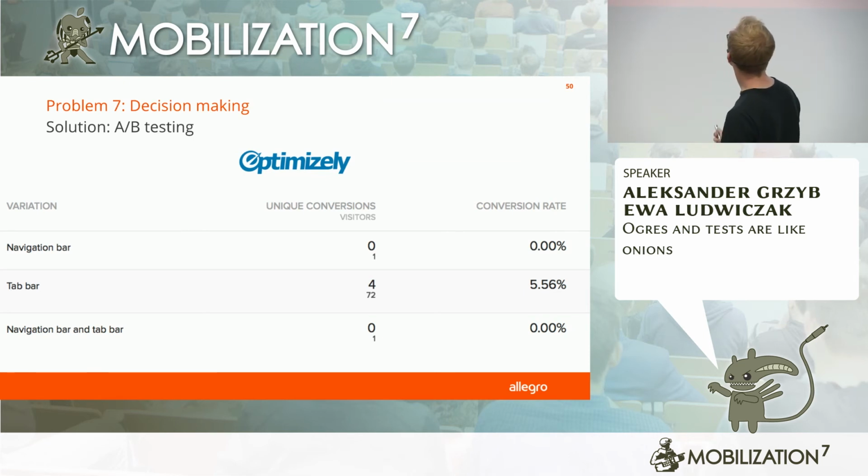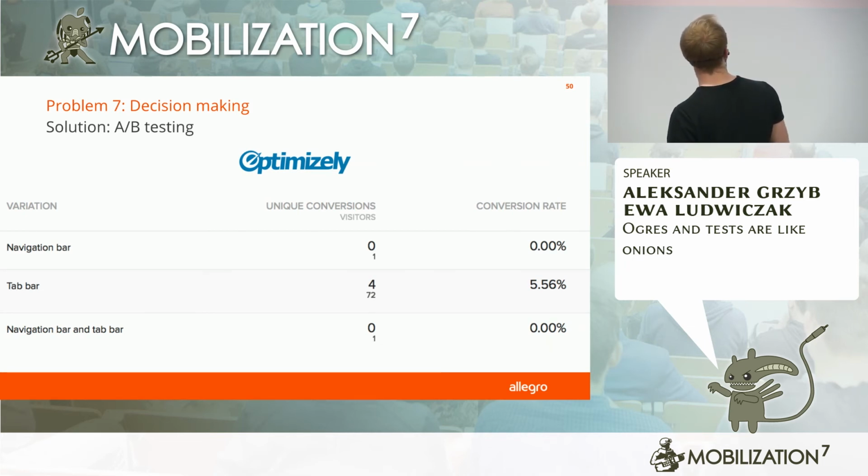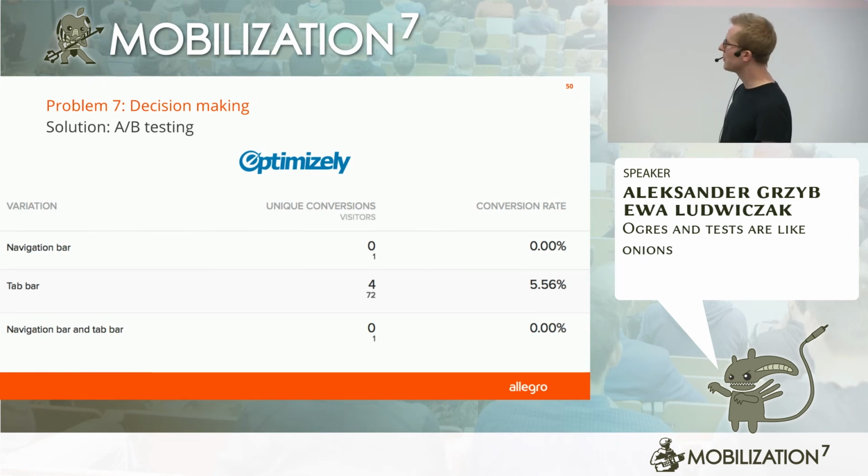The data on this slide is fake, but this is how a simple report from Optimizely can look. We can see how many visitors, how many users have seen each of those variations. But what's more important, we can see the conversion rate. For this cart icon placement experiment, the conversion rate, for example, could be the number of checkouts for a specific cart icon placement.